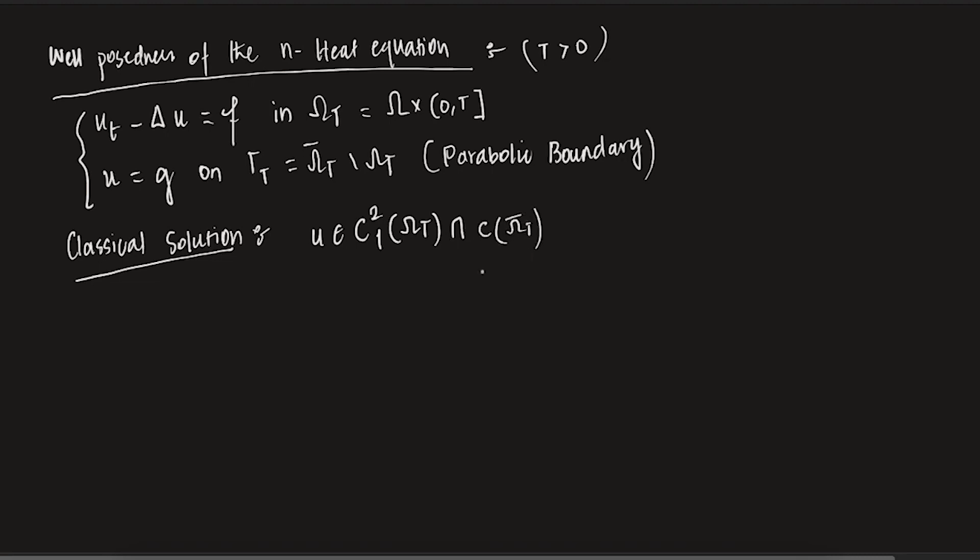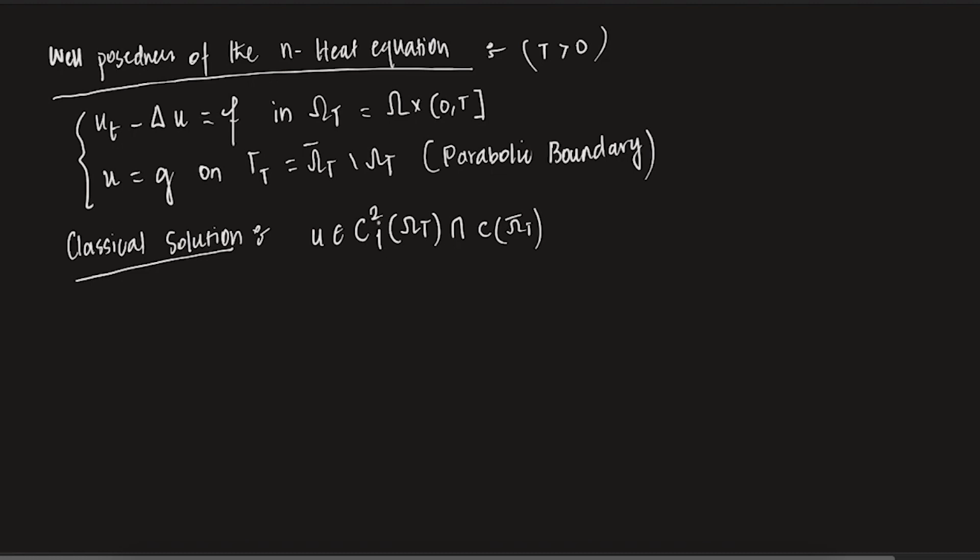Okay, so let me explain what I mean by this. In C^{2,1}(omega T), the superscript 2 represents the x variable. In the earlier Laplacian case, there were only spatial variables. There was no time variable, right? It was not an evolution equation for the Laplace case. So there was no need to distinguish between spatial and time variables. C2 gives you everything.